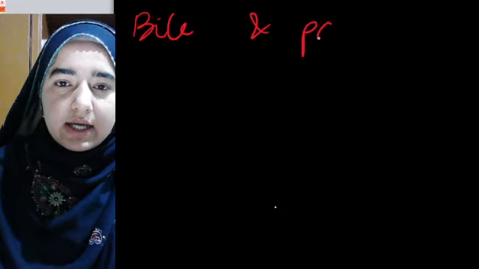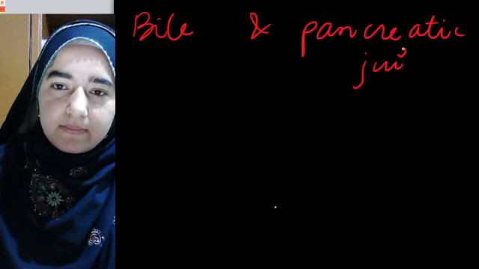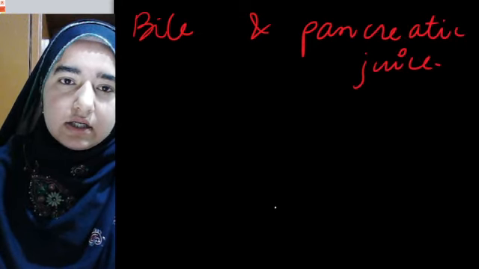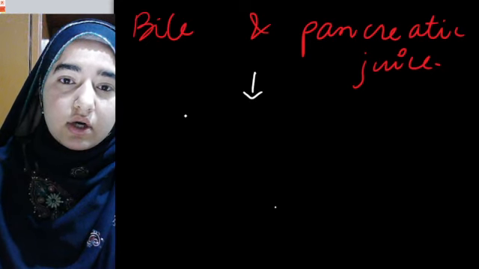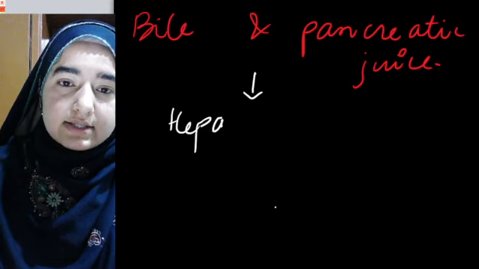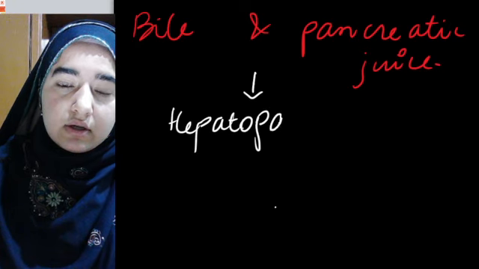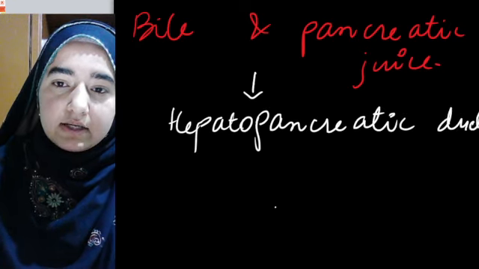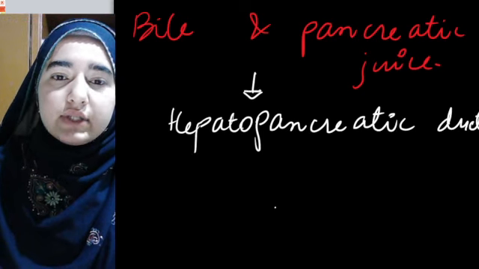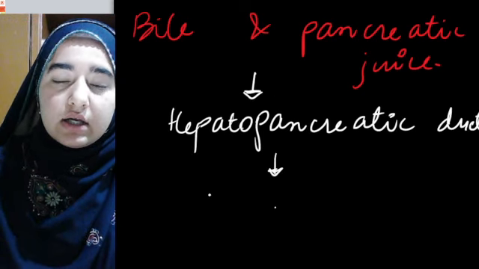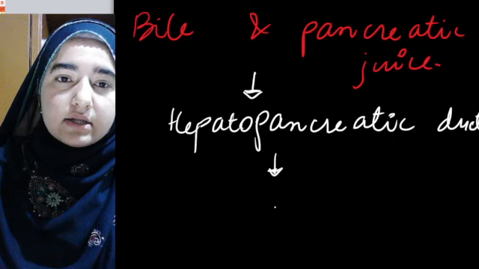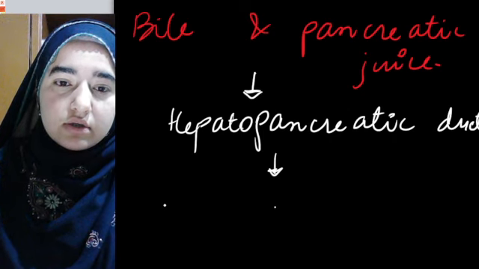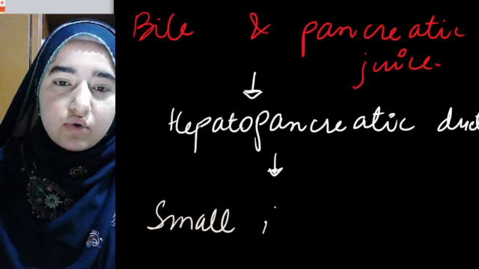As I already mentioned, we have bile juice and pancreatic juice. They are transported through a duct known as the hepatopancreatic duct, and with the help of this duct these nutrients are transported to the small intestine.